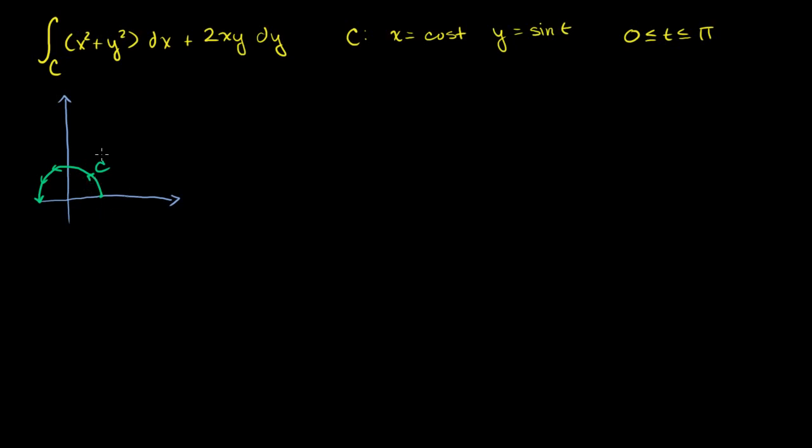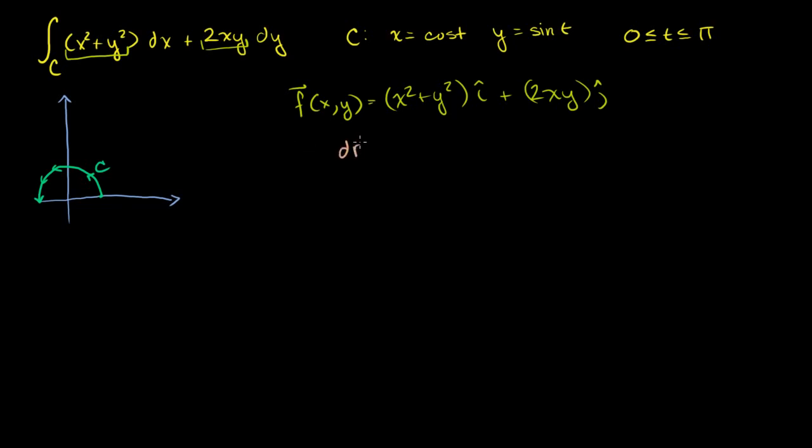Like we saw in the last video, this might look a little bit foreign to you, but if you say that F is equal to that times i plus that times j, then it might look more familiar. If we say that the vector field F of x, y is equal to x squared plus y squared times i plus 2xy times j, and dr you can always write as dx times i plus dy times j.